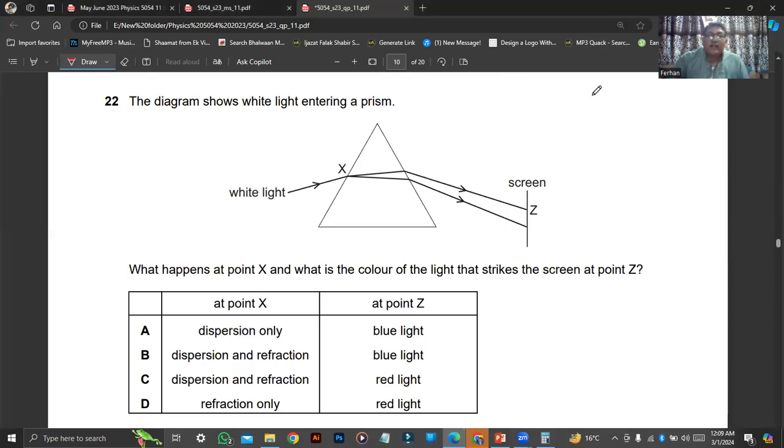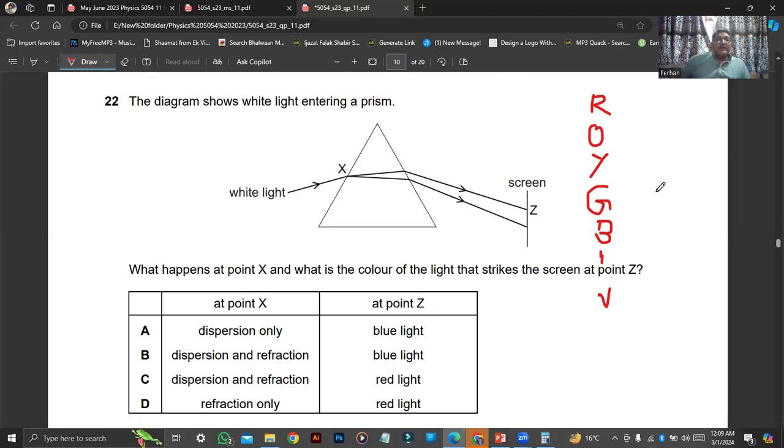So you remember the code for the colors is Roy G. Biv. Red, orange, yellow, green, blue, indigo, violet. So on the top, the color will be red.